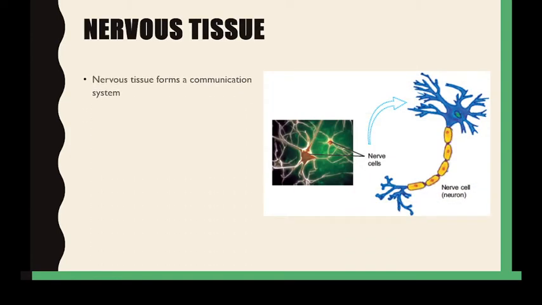What are nervous tissues? As their name indicates, these tissues are present in the nervous system, which is directly linked with communication. The tissues are mainly composed of nerve cells and neurons. You can see the structure of a neuron here in the diagram: it is an elongated structure which has hair-like structures known as dendrites, and an elongated structure known as the axon.